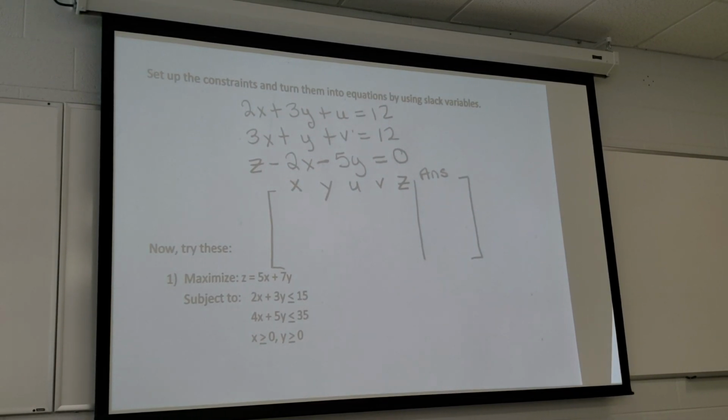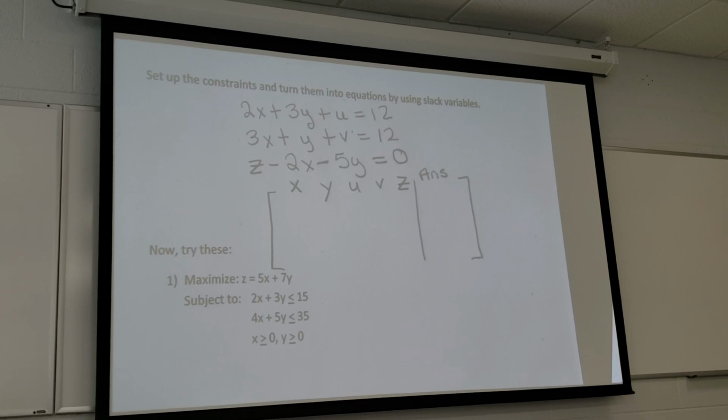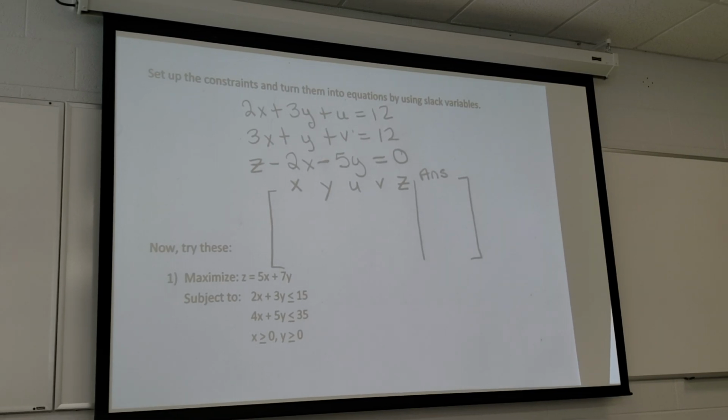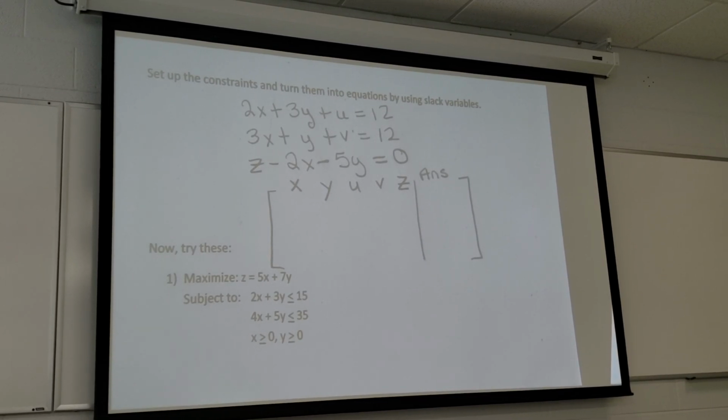Remember how I used to write x, y, z, and I said, this is the x column, this is the y column. When I'm done, I'm going to have my x column, my y column, my u column, my v column. My slack variables have to have columns. My z or p column is going to be p when I start doing work. And my answer column.